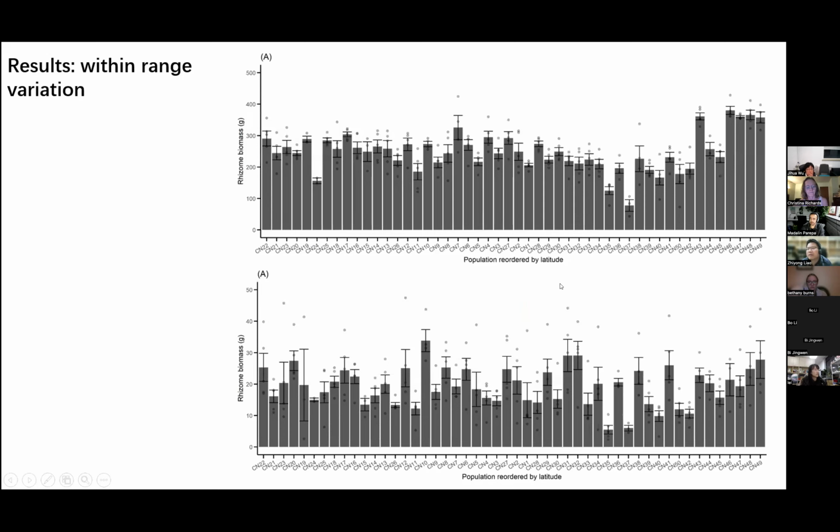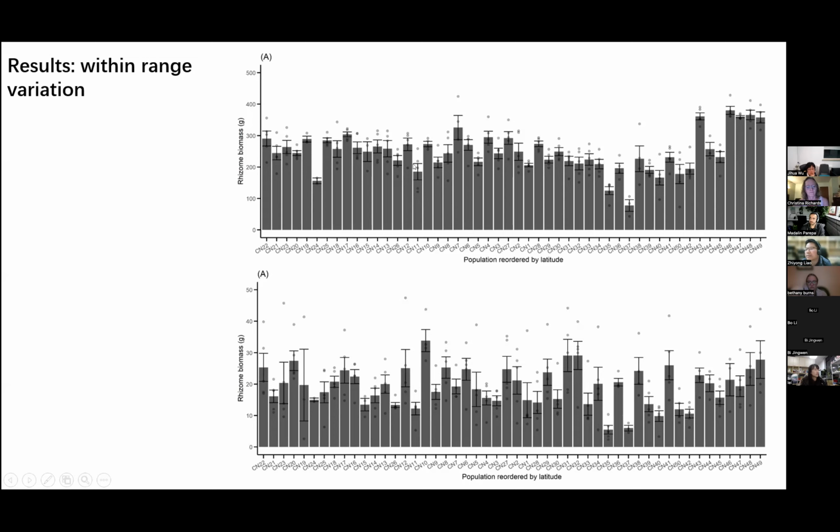I also looked at the within-range variation for the belowground biomass. The upper plot is the rhizome biomass, and the lower plot is the fine root biomass. I forgot to change the label. For the Chinese populations, I plotted them along the latitudes.